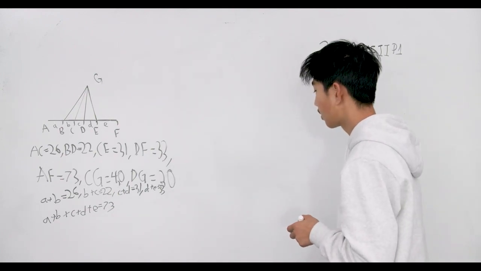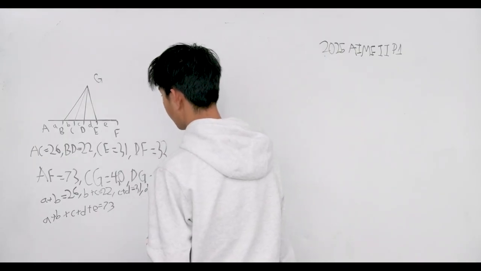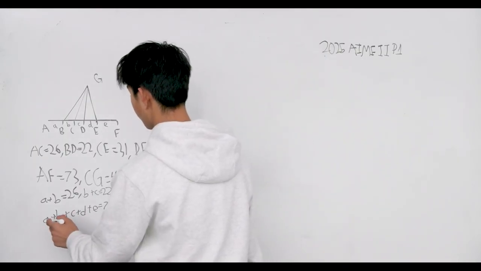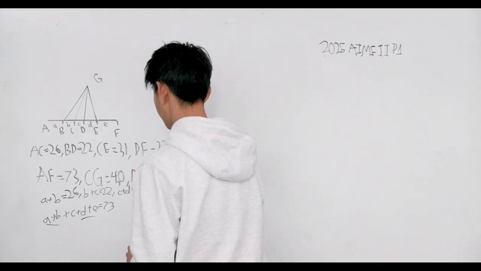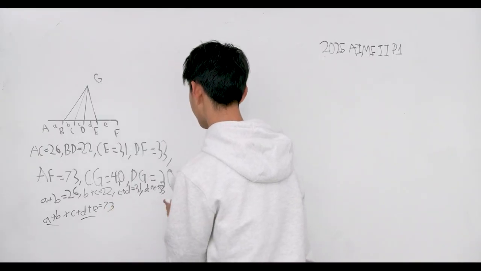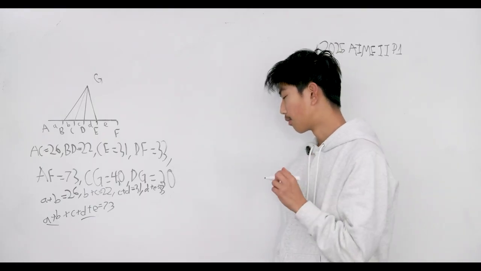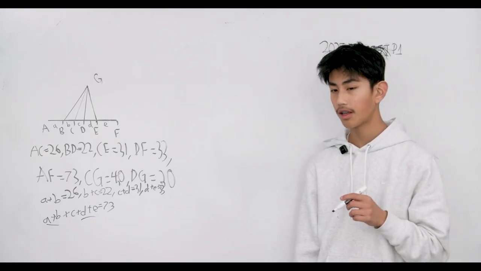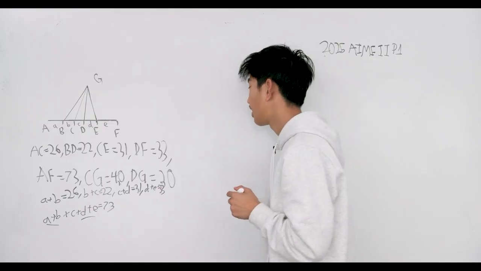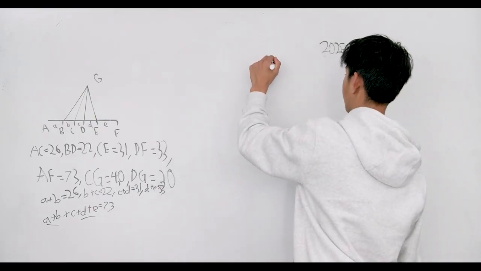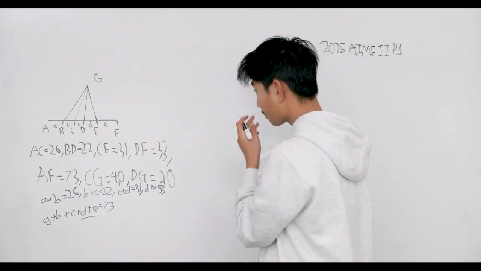We want to isolate c in this case. So we have a plus b and d plus e. d plus e is 33, a plus b is 26. 26 plus 33 is 59. And then we do 73 minus 59 to get that c equals 14.